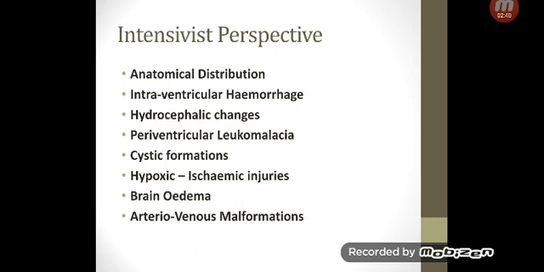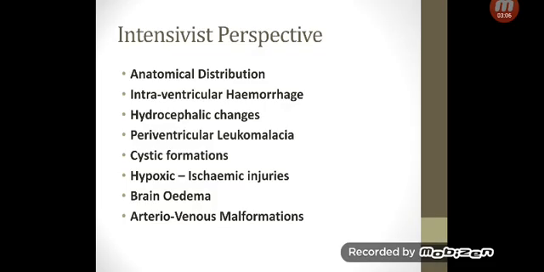Brain edema is really tricky, but I'll also show you some tricks to look for it. And AV malformations. Specifically for cranial ultrasound, that is the abnormal vein of Galen shunt, which we're also going to discuss later in this presentation.